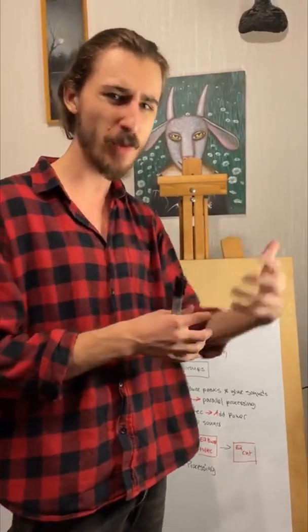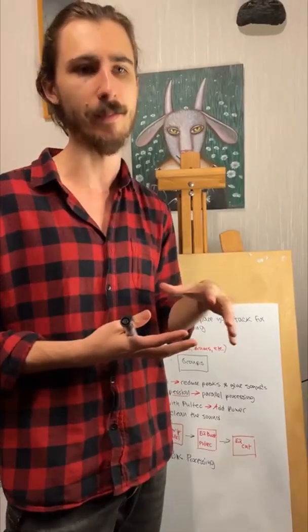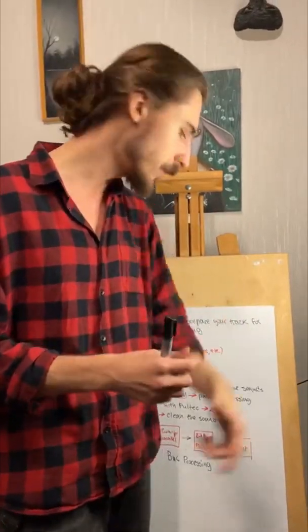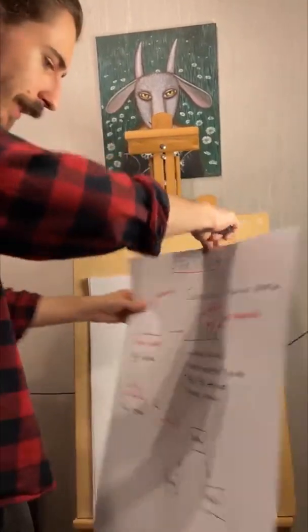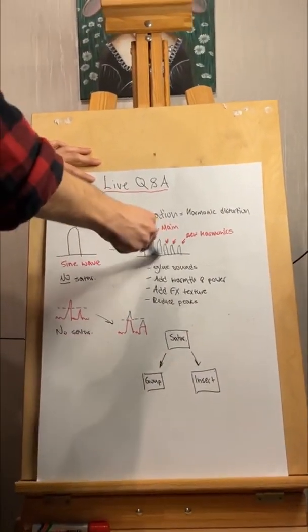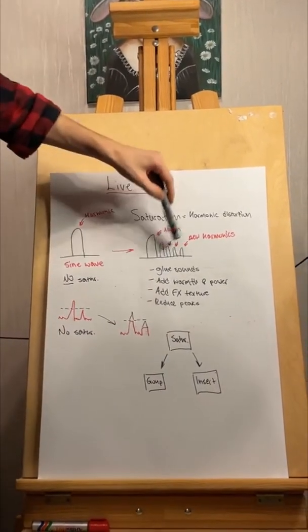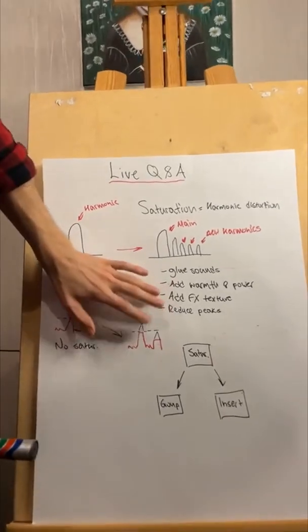If you do too much compression, you're just going to ruin the dynamics. But with saturation, you are adding those new harmonics. That is what is happening to your sound. If we go from the sine wave to this, that is what is happening, and we cut those peaks.